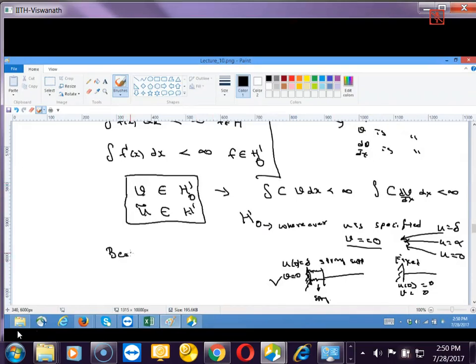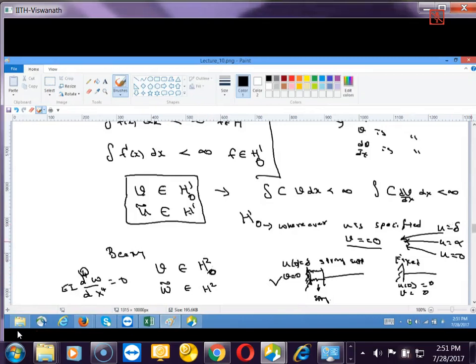For the beam, V tilde should belong to H2 0 and W tilde will belong to H2, because there you have a fourth order differential equation. If this is 4, half is taken by W and the other half is taken by V, and it should also have this 0 criterion. That means it is selfless. By taking such kind of things, there becomes a magic. Now, again, I will take this equation and rewrite it.